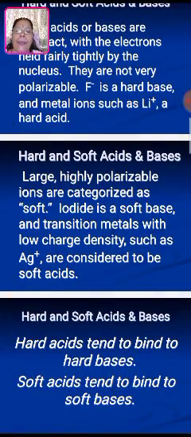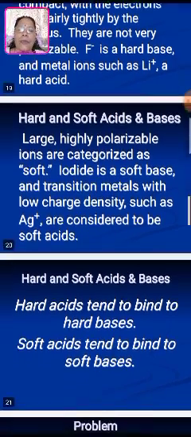Large, highly polarizable ions are categorized as soft. Iodide is a soft base and transition metals with low charge density such as silver ion are considered to be soft acids. So, in silver iodide, the bond formed between them is very strong because of the soft interaction.